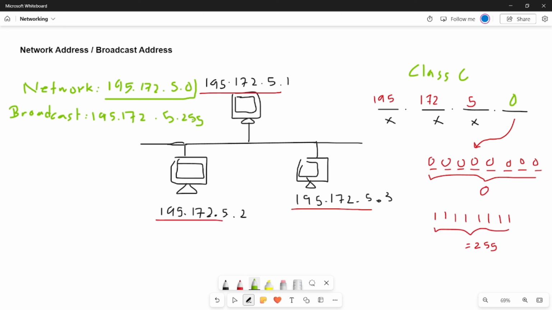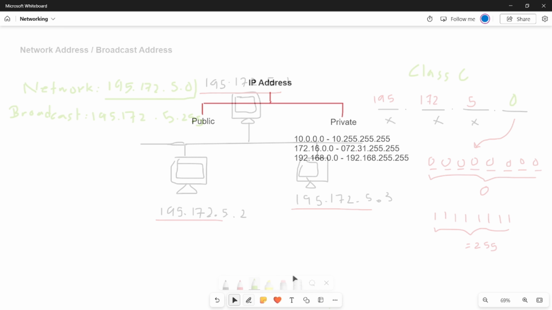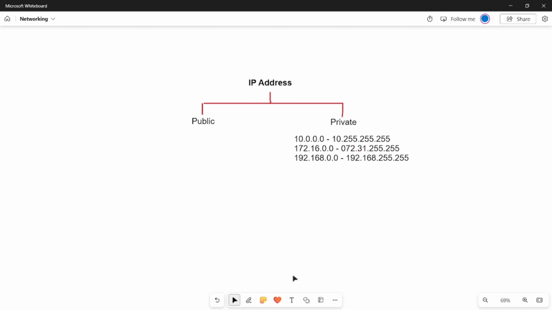Okay, now let's move on to the topic of public IP addresses and private IP addresses. After IP addressing was released, two types appeared, called public IP addresses and private IP addresses. The reason for private IP addresses coming is that we have to make our private networks.